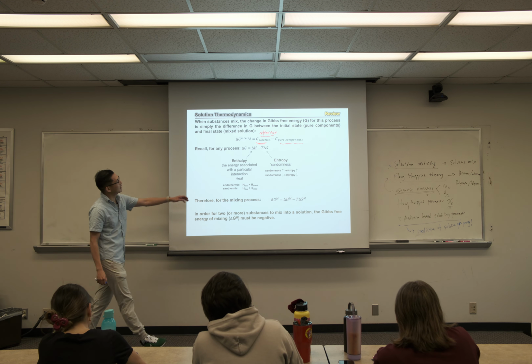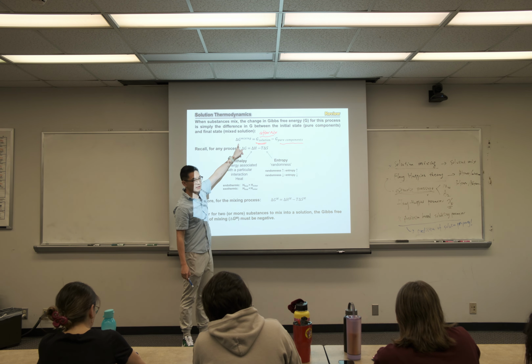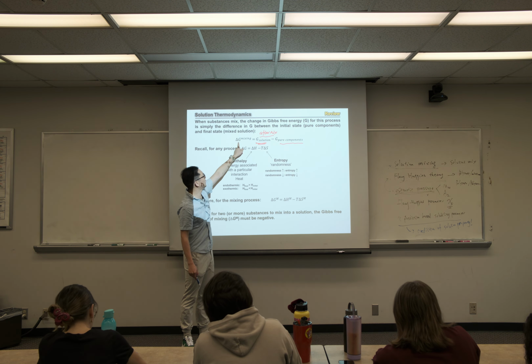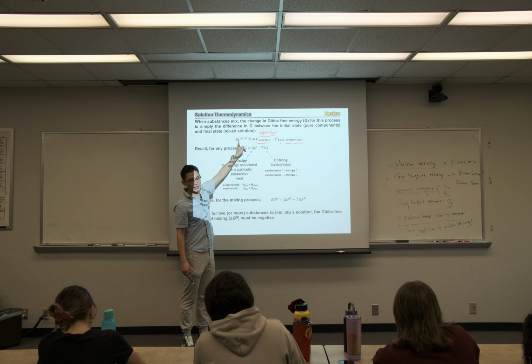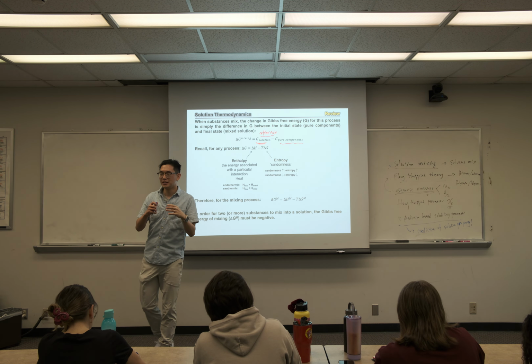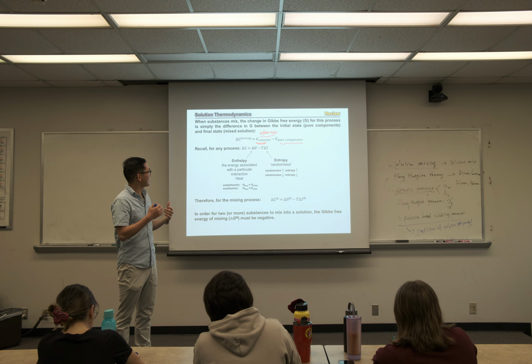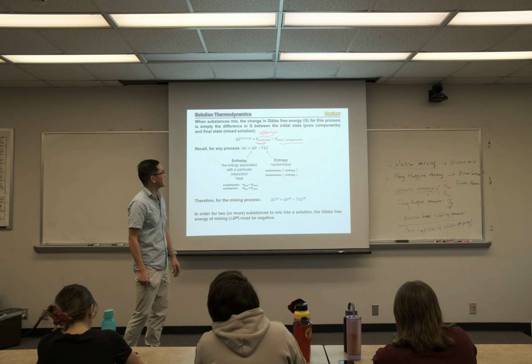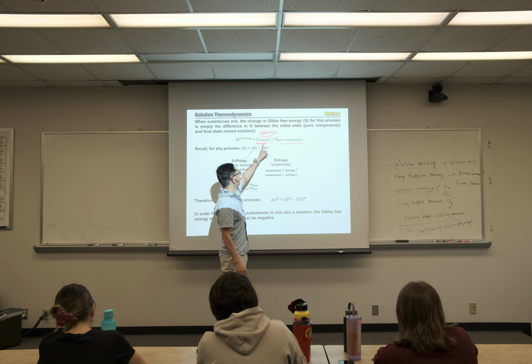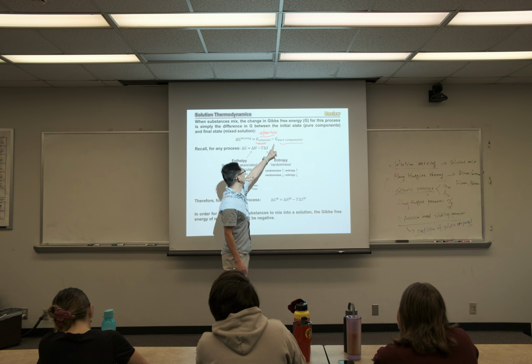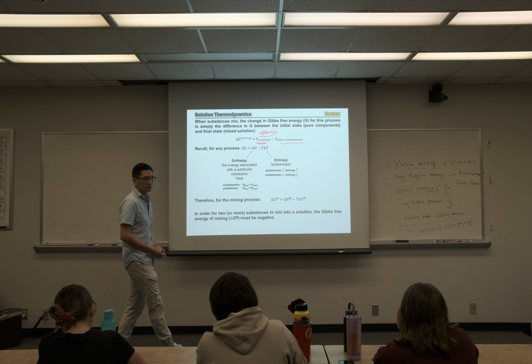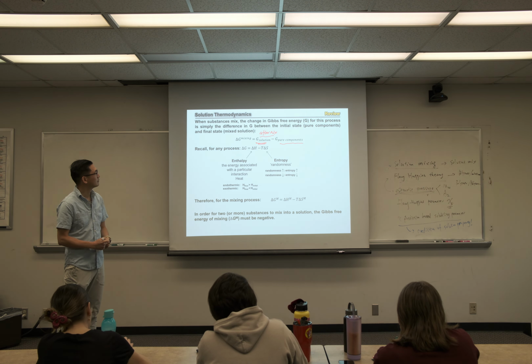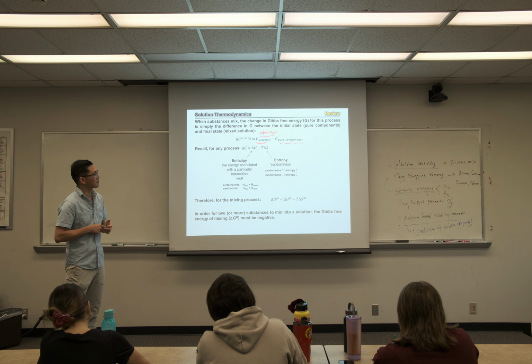So this would be written as the free energy of mixing, delta G. When we mix things, we look at what the free energy is where we end, minus where we started off. So what is this free energy?